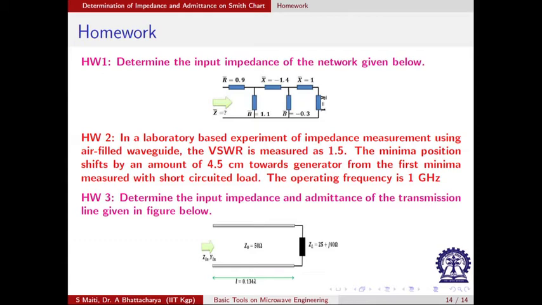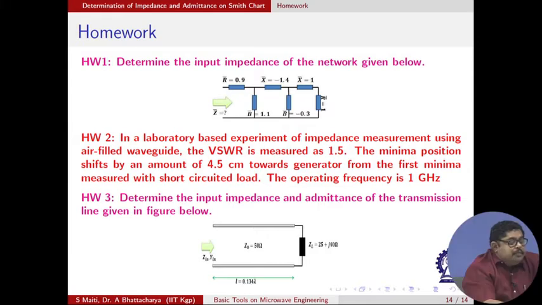So, you will have to find the impedance. And also the third problem, you will have to find out the input admittance, input impedance and admittance of the transmission line given in the figure.